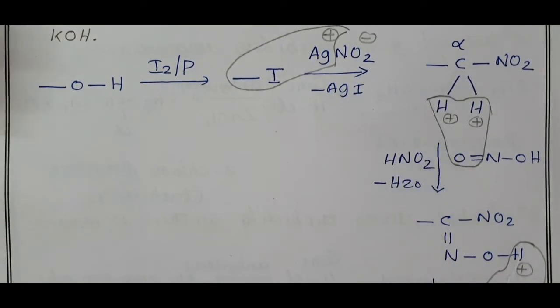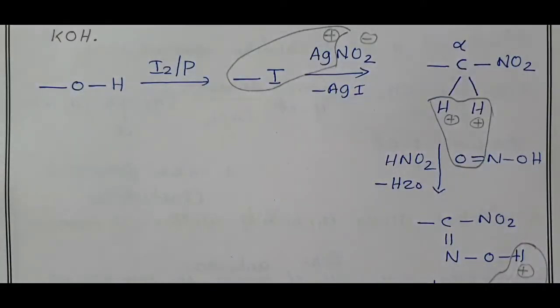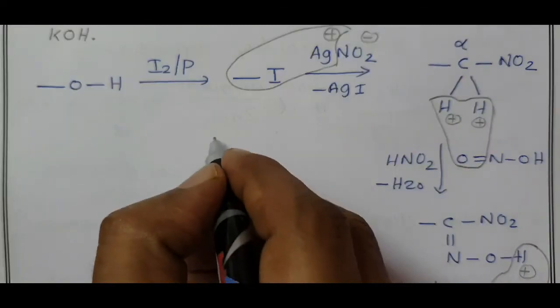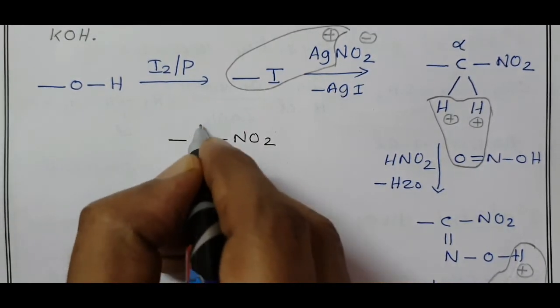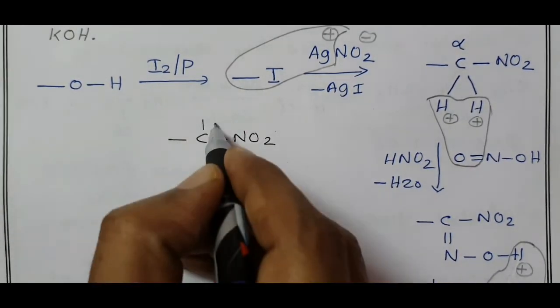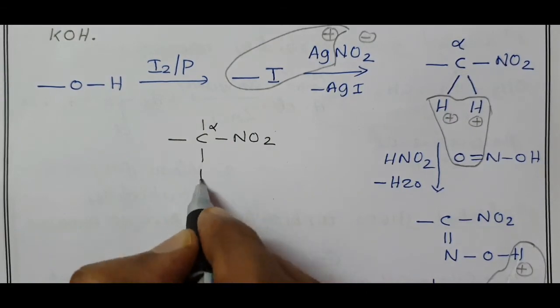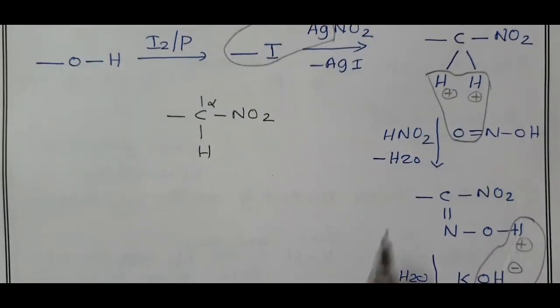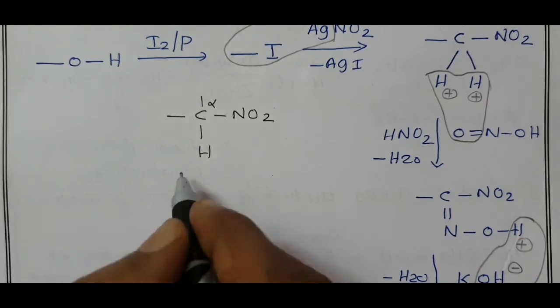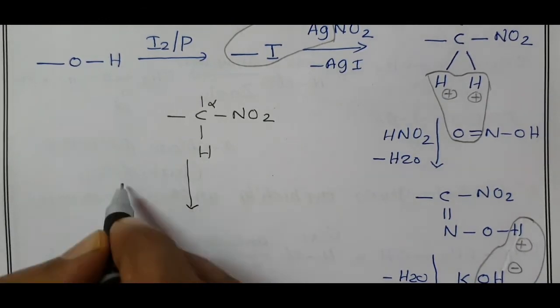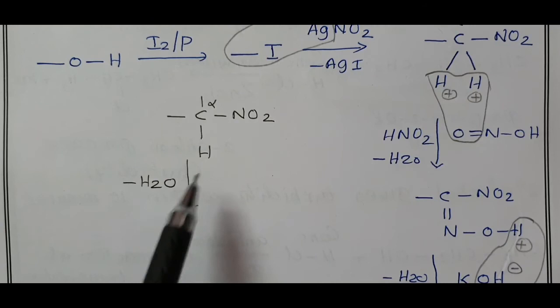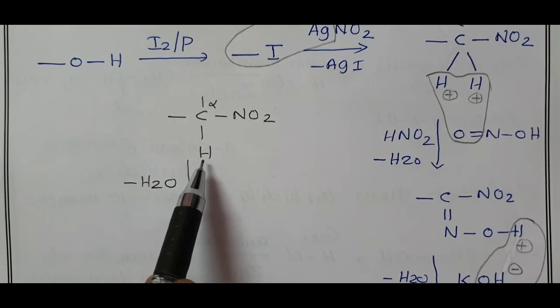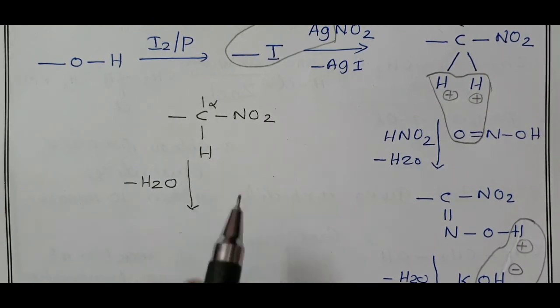Now come to the same point. In this nitroalkane, the nitro group attached carbon atom is called the alpha carbon atom. If this alpha carbon atom contains only one alpha hydrogen, how does nitrous acid undergo reaction? This step involves loss of a water molecule. We know a water molecule ionizes giving H plus and OH minus. We have only one H. To remove a water molecule, we require an OH minus ion.